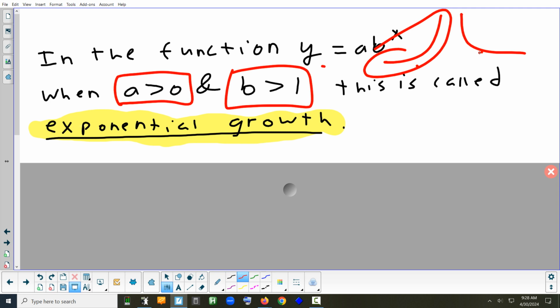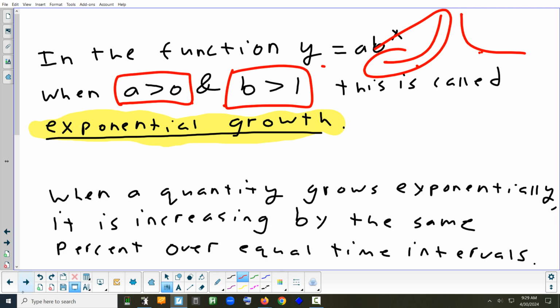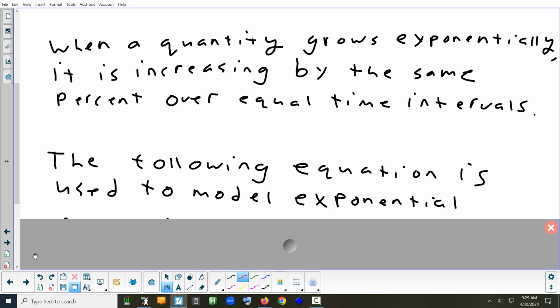That's when something decreases. So those are the 2 conditions that have to be met for something to be exponential growth.